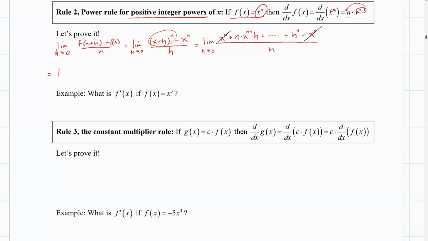And when we go down to the next line, we might notice that every term that remains starts with an h. This one starts with an h, this next one will also have an h, all of the other terms have h's. So I can factor that h out, and I get n x to the n minus 1, and the only h is there.